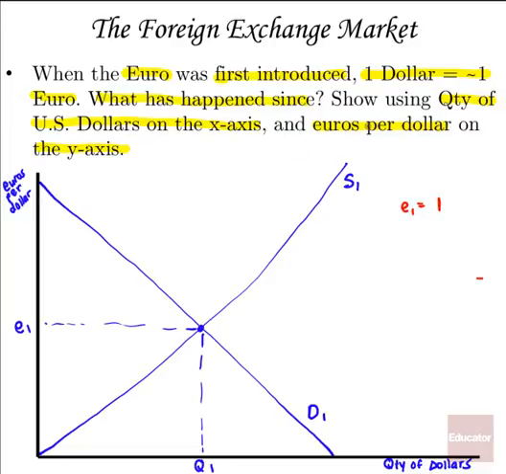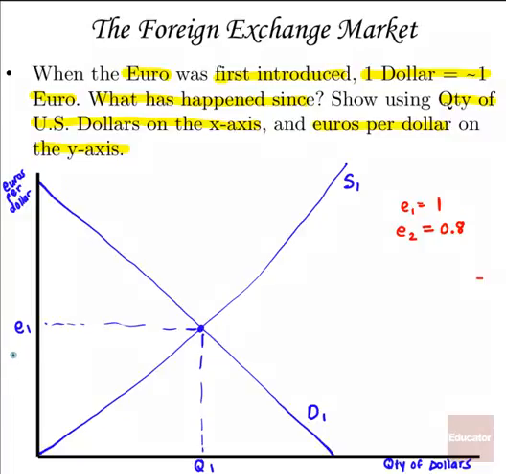Right here. So what has happened since? Now, we know that a euro is now roughly $1.30. So E2, let's say, is going to be something. So what is $1 worth now? It's about, let's say, 0.8 euros. Okay, it's maybe a little bit in between 0.8 and 0.9, but let's just say 0.8.